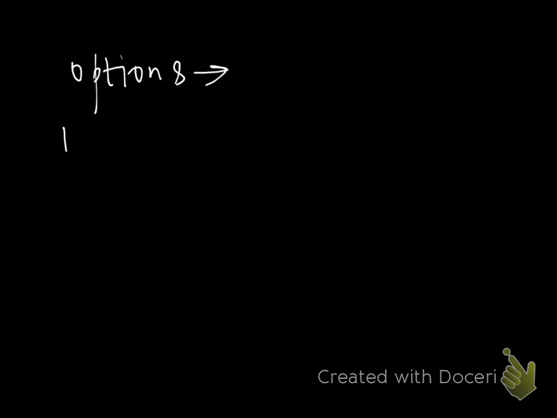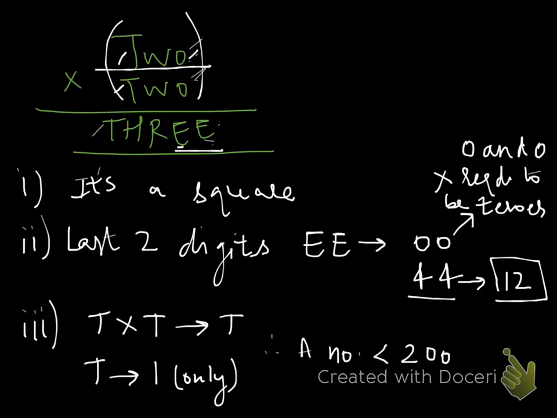So, what all options did we have? Let me take you back to the observations. The first observation was that it is a square, and the last two digits, EE, we found out were 44. And where do we get 44 from? We get 44 from 12.